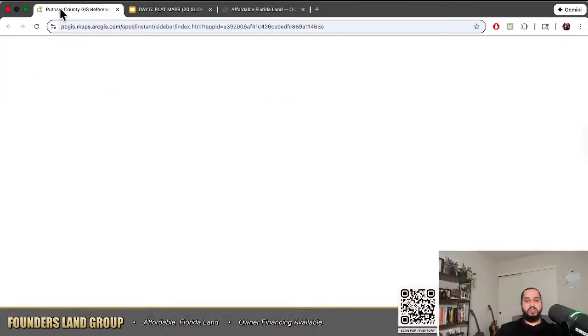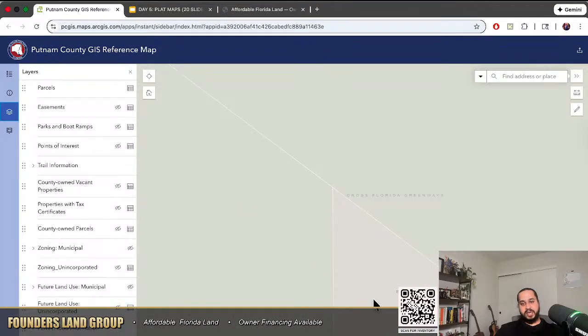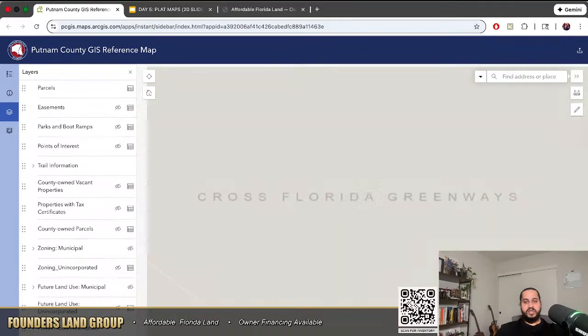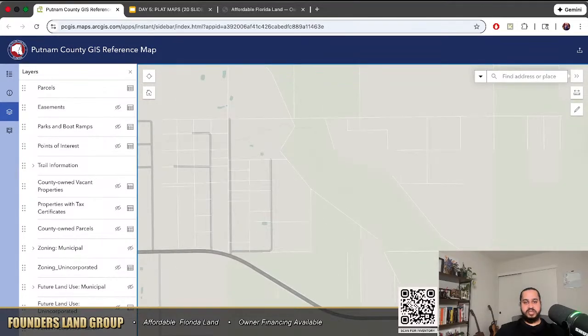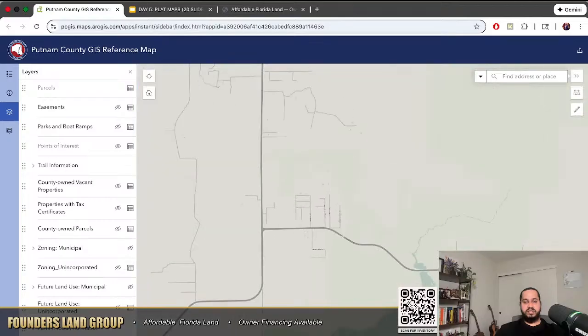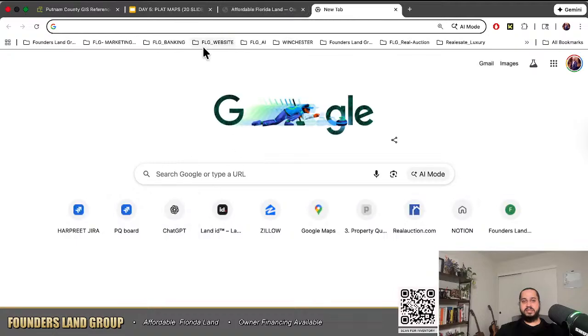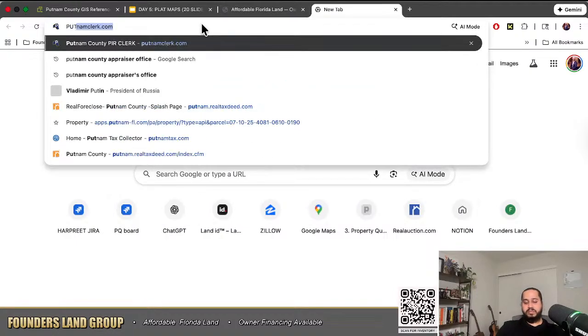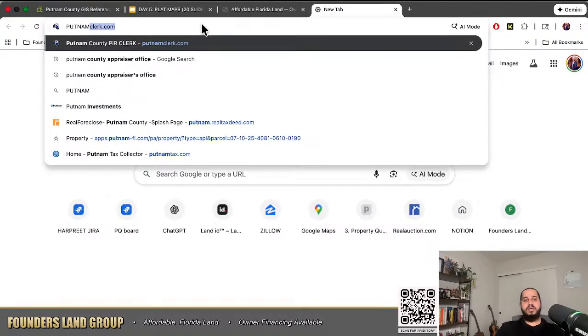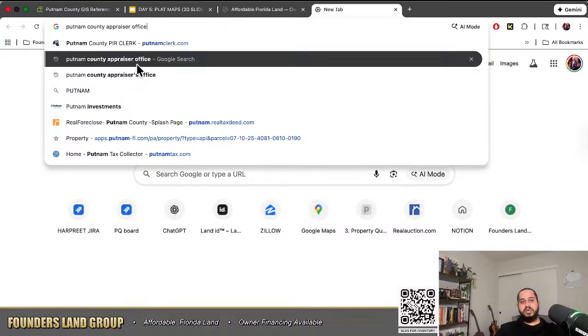I will also put in this plat map location for specific properties where you guys can do more research and understand the platting of it. It is more on the GIS side, but it really helps. I will also put in the Putnam County appraiser's office.